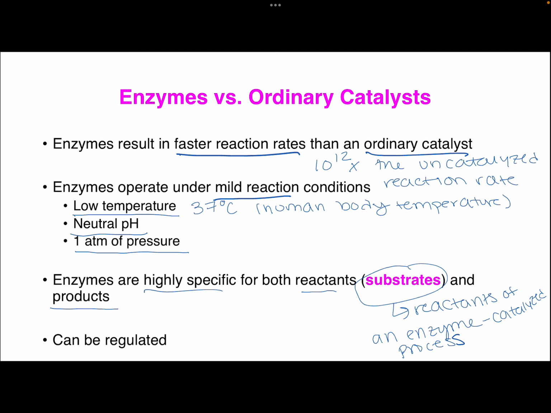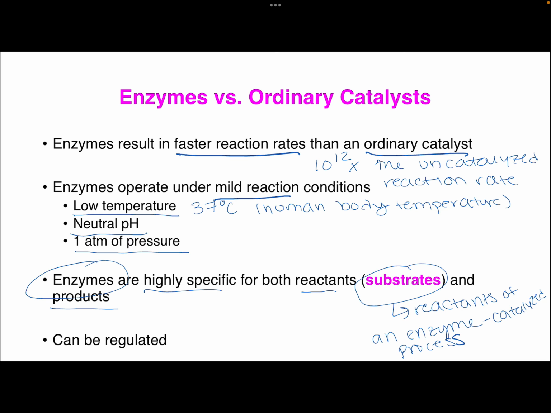All right. That's pretty different from ordinary catalysts. Ordinary catalysts can often have side products where something else is made in some amount in the process of trying to make the thing that we actually want to make. Enzymes don't have that problem. They are almost always making exactly what they're supposed to make. And that's that specificity piece.